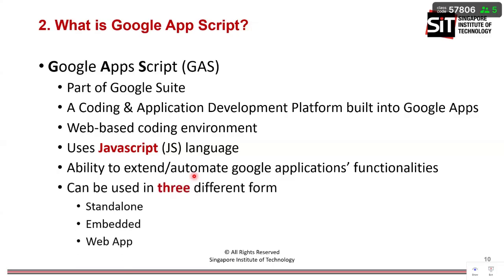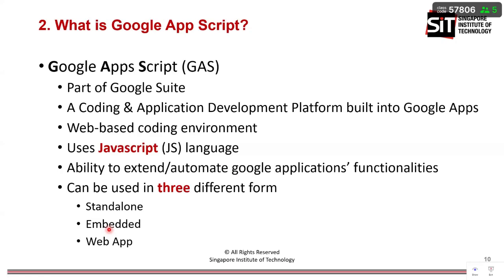So generally, when you develop a program, and in this case GAS, the script can execute in three different forms. The first form is standalone, just like a Python script that executes on your laptop. It can be embedded, meaning your app script is embedded within your documents, such as Google Sheets or some other Google application.